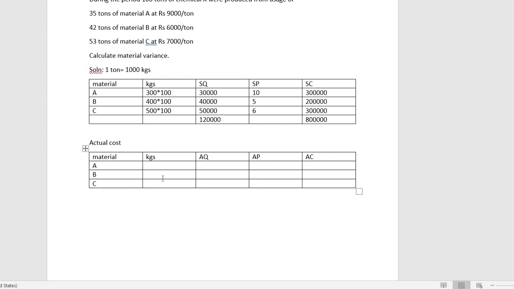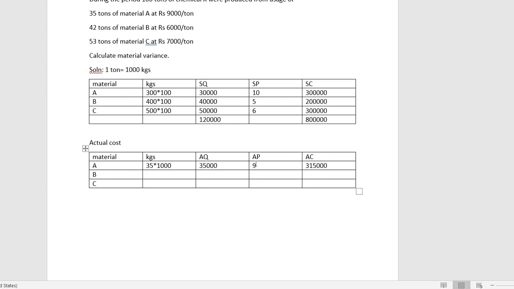So 35 into, so 1 ton is equal to 1000 kg. So for 35 tons it will be 35 into 1000, 35,000 actual quantity. Actual price is, you can look at here, 9,000 per ton. 9,000 divided by 1000, actual price per kg is 9. The actual cost is 3,15,000.